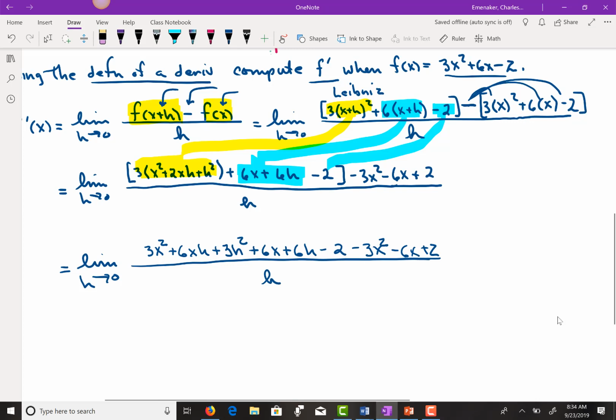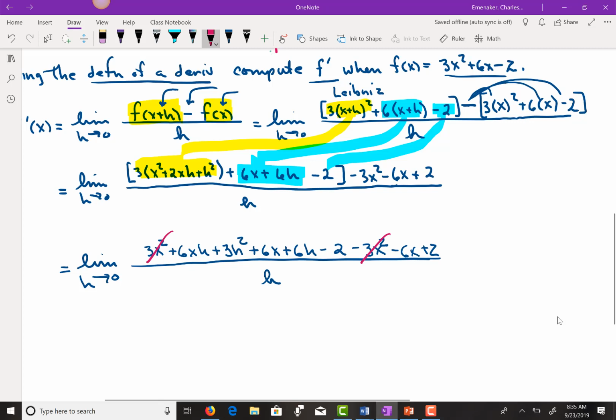At this point, we can start cleaning things up, which is, for a lot of folks, good news. In the numerator, do you see two terms that are combined? There's a variety that'll combine. What's one of them? You see the 3x squared? There's a 3x squared at the lead and a minus 3x squared toward the end.